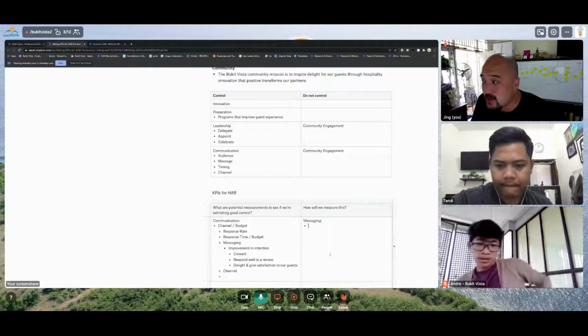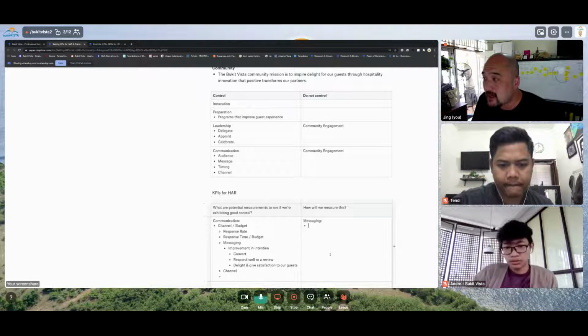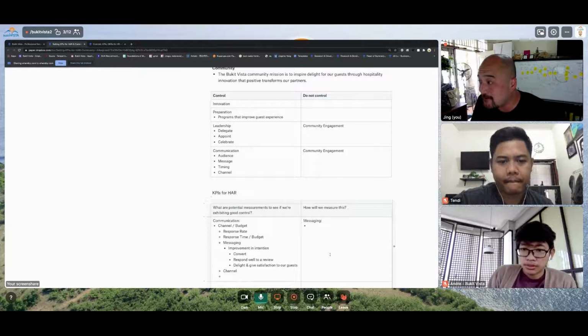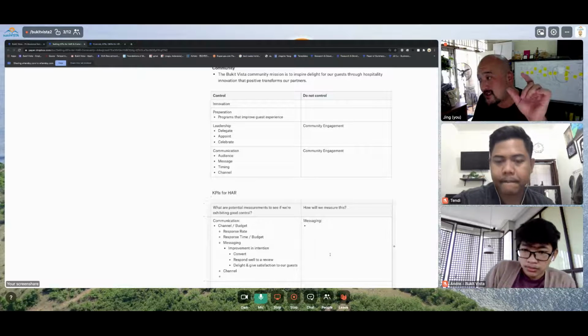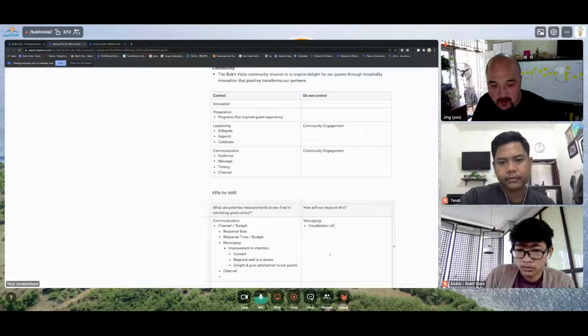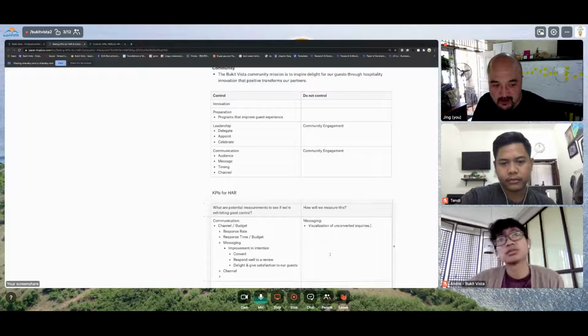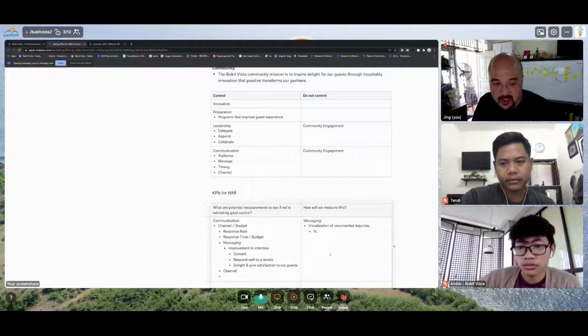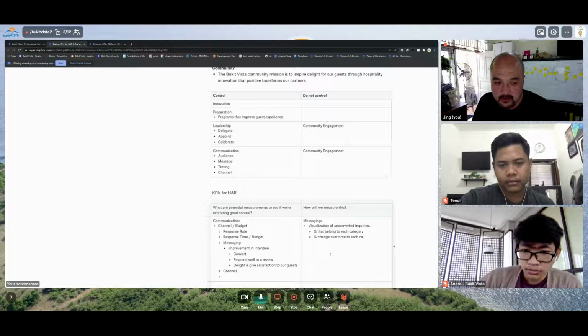There's a few ways that you can measure this, right, Tendi? You can look at exactly what you were doing this morning. You need to have a visualization of, let's say, unconverted inquiries. You can see the percentage that belong to each category, and then the percentage change over time to each category.